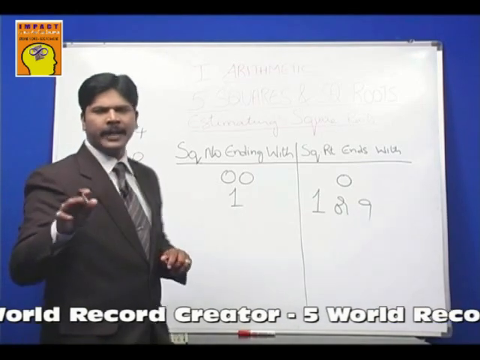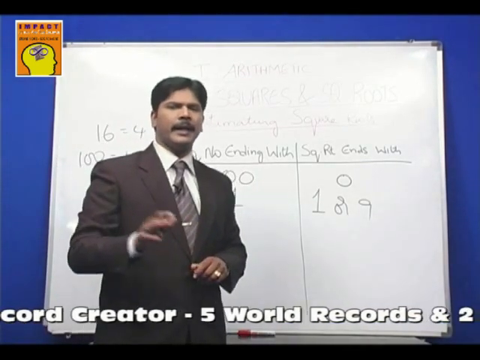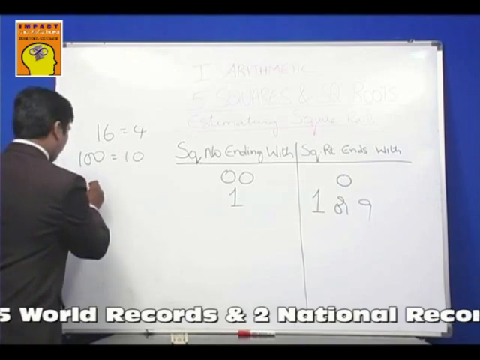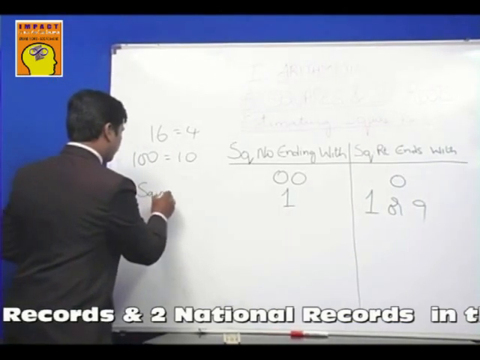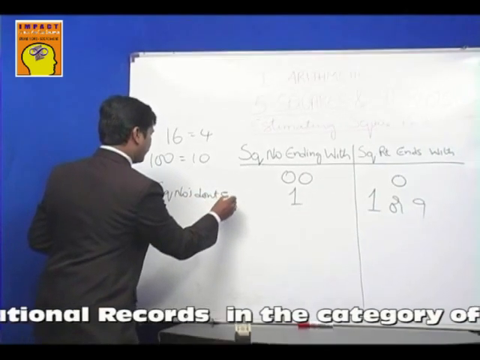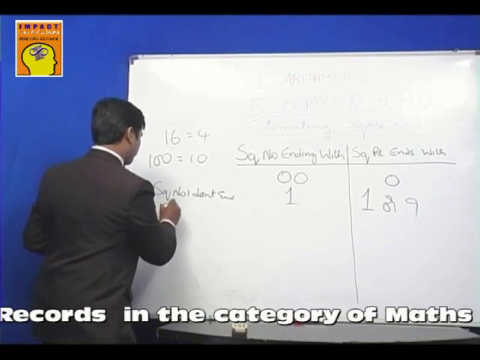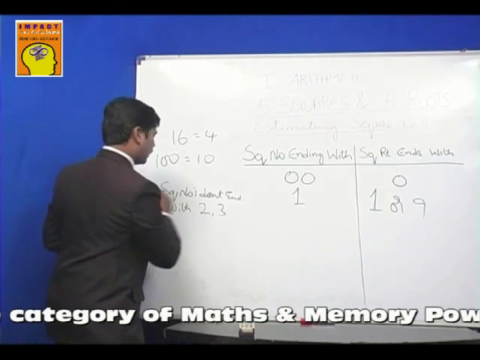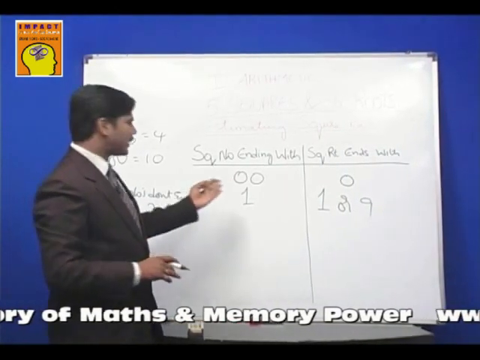You take any number and then square it, it will never end with 2 or 3. We need to know that. I'll just write here the point that square numbers don't end with 2 and 3.